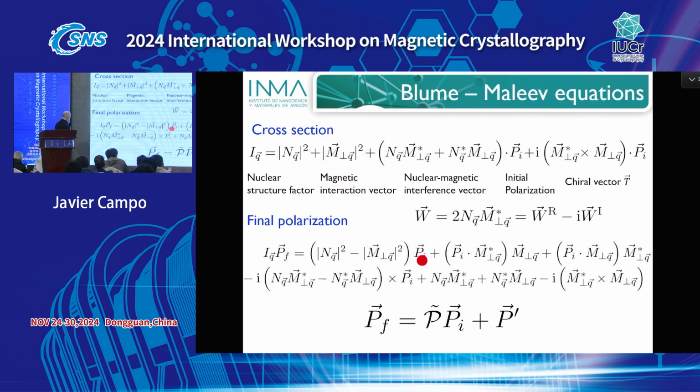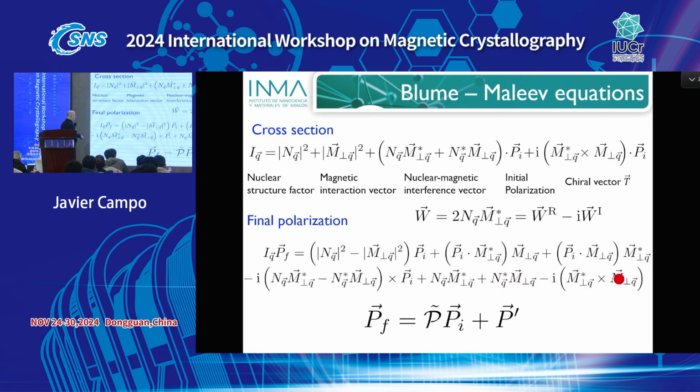Okay, it depends on the initial polarization. Also this scalar product times this vector depends on the initial polarization. This is a vector. Also this one. But you can see here that there is something that doesn't depend on the initial polarization.